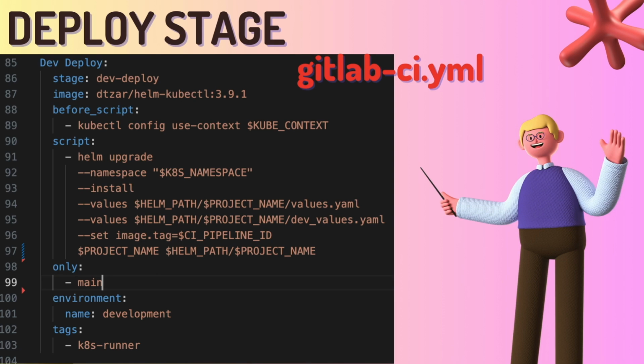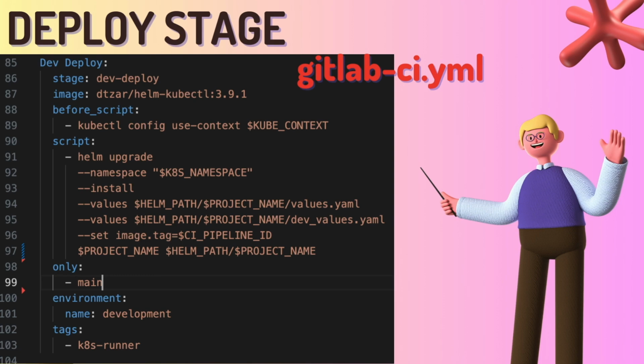The main script section contains a single command that uses Helm to upgrade and install our application. The command structure is as follows. helm upgrade is used to upgrade an existing release or install it if it is not present. The --namespace option specifies the Kubernetes namespace in which to deploy the application, using the variable kh_namespace.